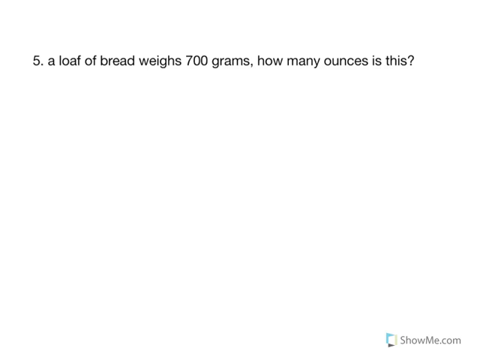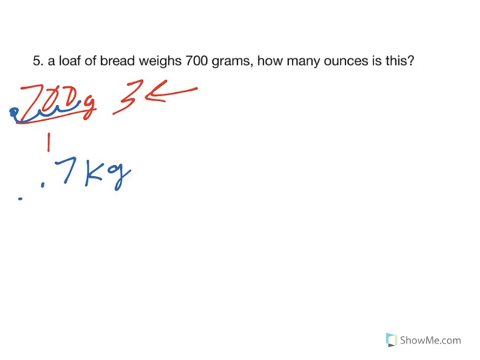Okay, let's look at number 5. We start with grams. I've got 700 grams. I want to go to ounces. When you look at your chart, you should notice that I only have kilograms to pounds. You can do this two ways. Grams to kilograms, I've got to go left 3 places. So if I go 1, 2, 3, I end up with 0.7 kilograms.